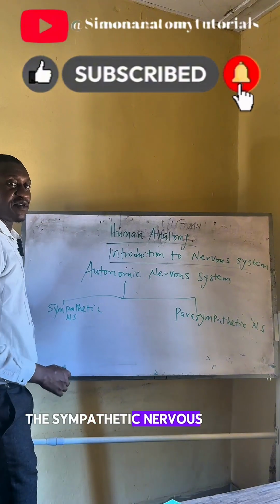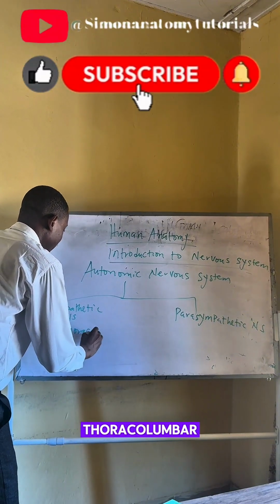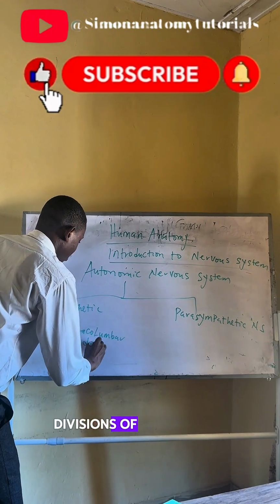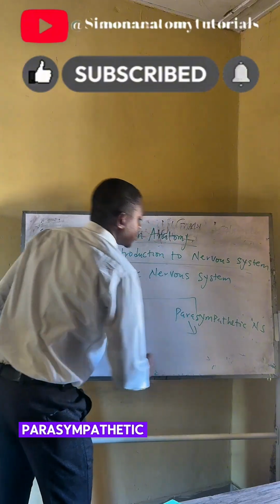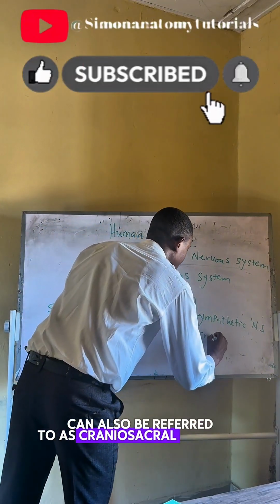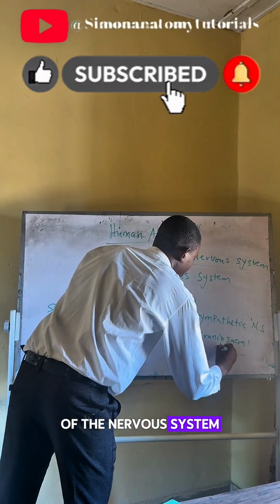The sympathetic nervous system can also be referred to as the thoracolumbar division of the nervous system, while the parasympathetic nervous system can also be referred to as the craniosacral division of the nervous system.